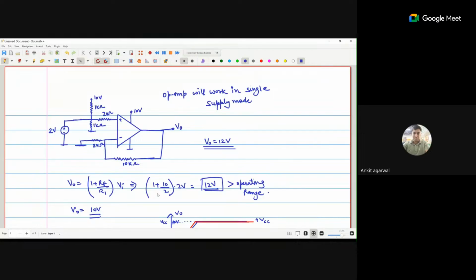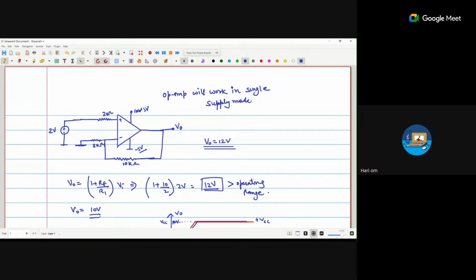For example, if I remove this part and convert it into 5 volt and minus 5 volt, the circuit is simple.